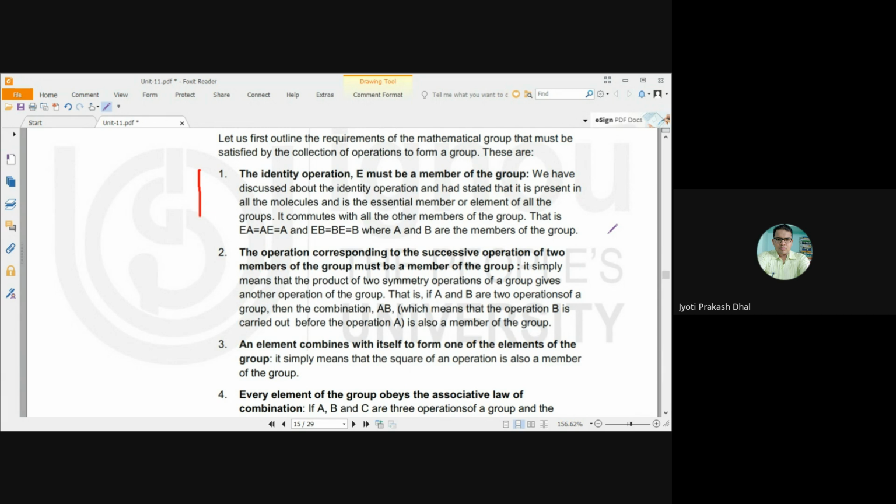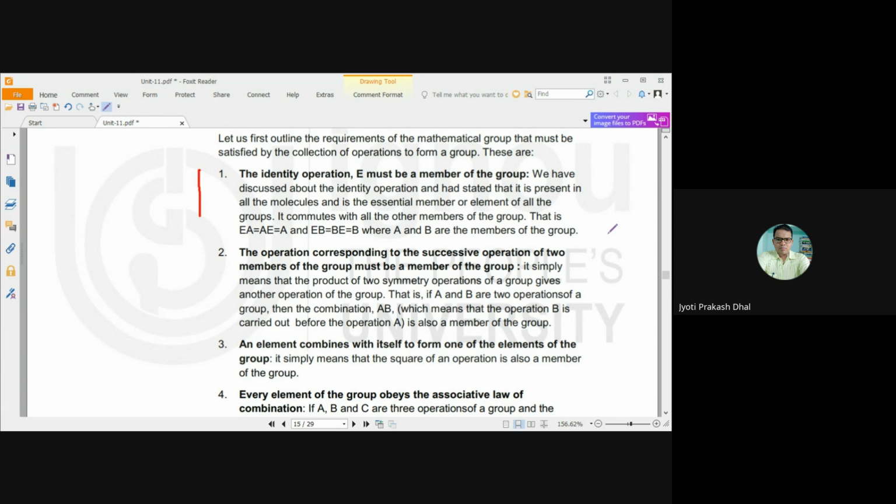We have discussed the identity operation in the previous part, and it is present in all molecules, whatever the structure of the molecule or whichever atoms it contains, but the identity operation will definitely be there.